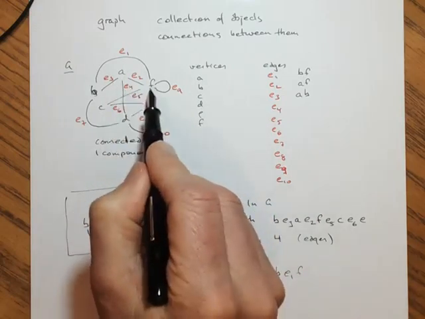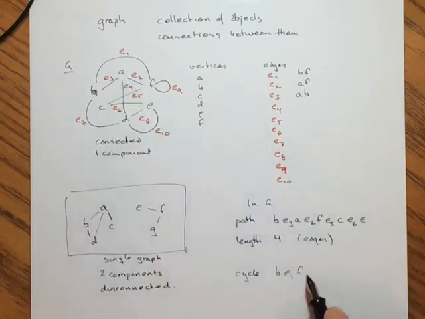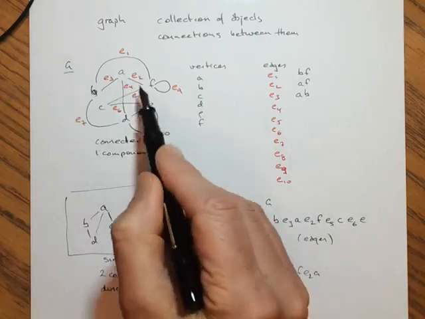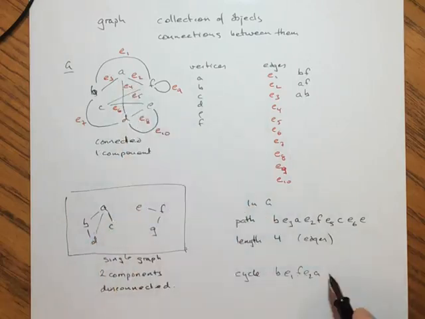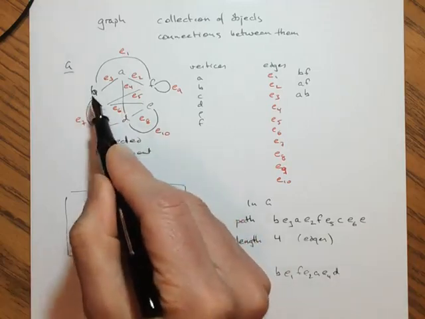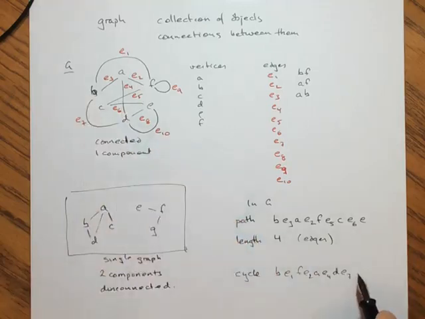Go around to E. Let's follow E2 up to A, then E4 down to D, then around E7 back to B. So you notice that the start and end point are the same. Sometimes we can abbreviate this simply as B, F, A, D, and back to B.